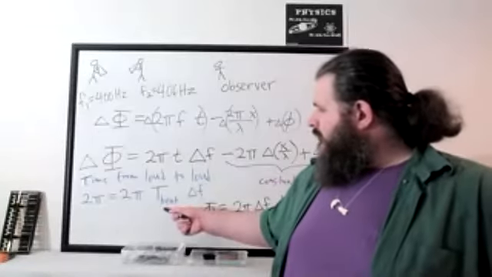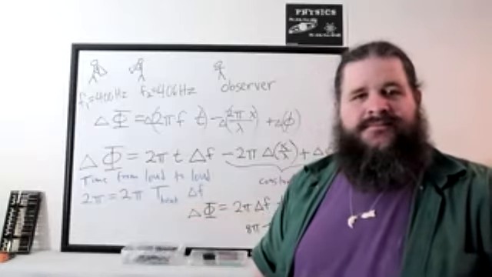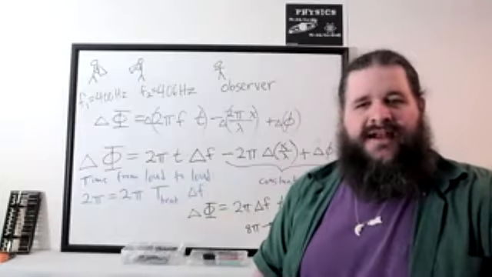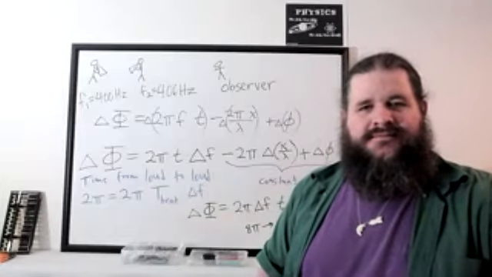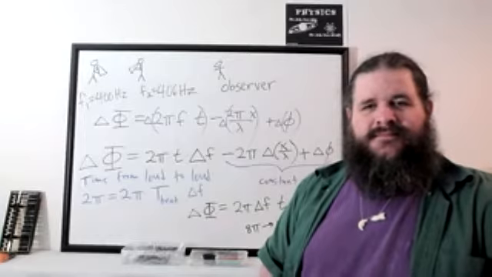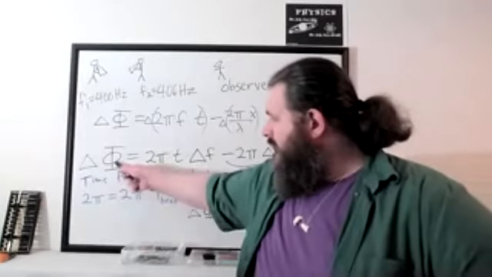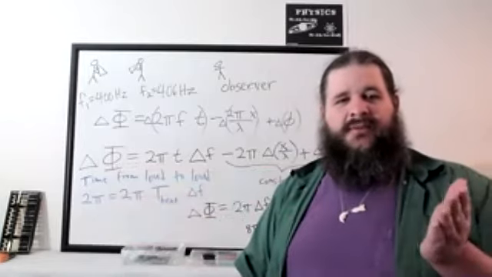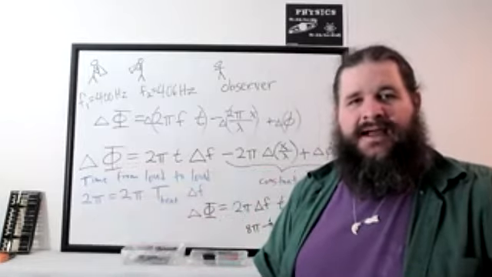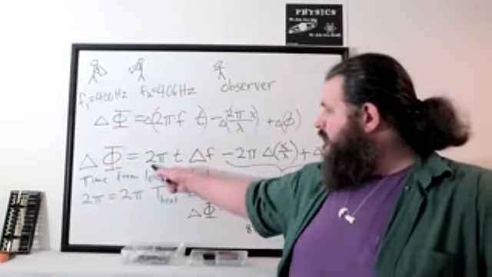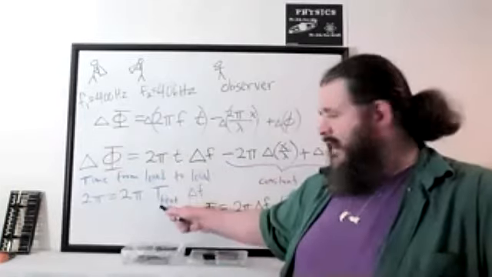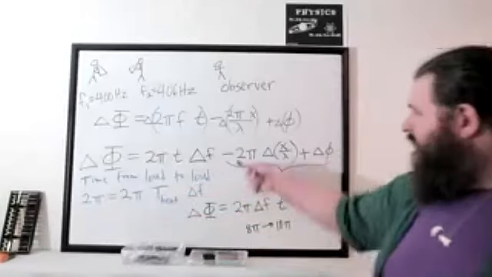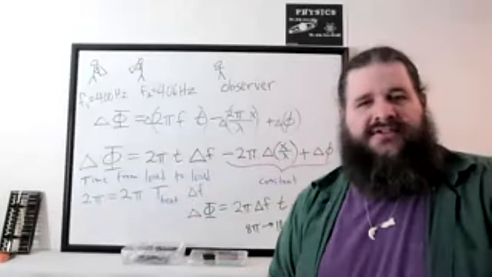And how would you solve that for beat period here? How would you solve for the amount of time it takes to go from loud to the next loud? If we want an increase of delta phi of 2 pi, we want to go from an even multiple of pi to the next even multiple of pi, so that's increasing by 2 pi. That has to equal 2 pi times the amount of time from loud to loud times the difference in frequency. And we can ignore all this because it's a constant, it's not changing.